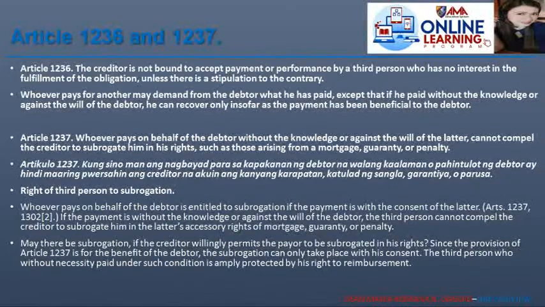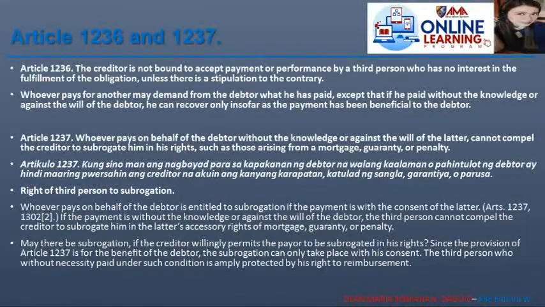Malilipat lang sa iyo, class, yung rights na meron si debtor kung nagbayad ka na meron siyang alam. Okay? That is under Article 1237, 1302, paragraph 2. If the payment is without the knowledge or against the will of the debtor, the third person cannot compel. Hindi niya pwedeng pilitin the creditor to subrogate him in the latter's accessory rights of mortgage, guarantee, or penalty.